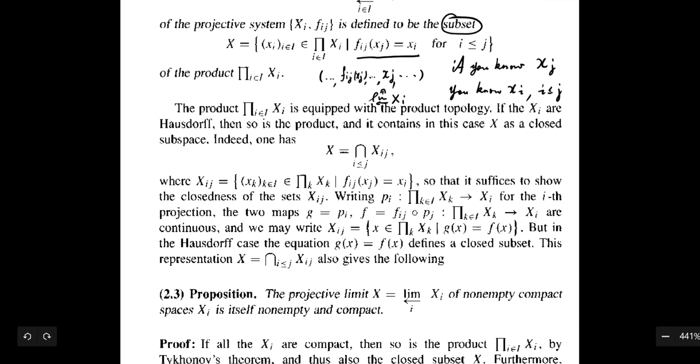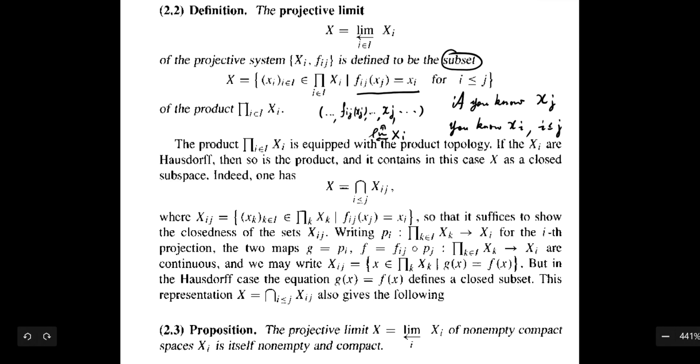The product is equipped with the product topology. If the Xi are Hausdorff, then so is the product, and it contains the limit X as a closed subspace. They can show that. This inverse limit, or projective limit, is a closed subspace of the product.